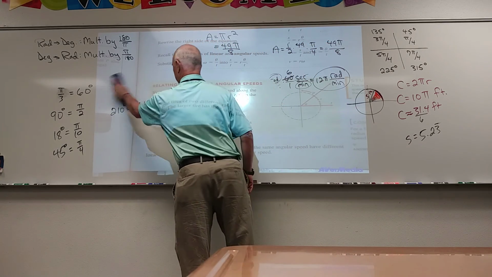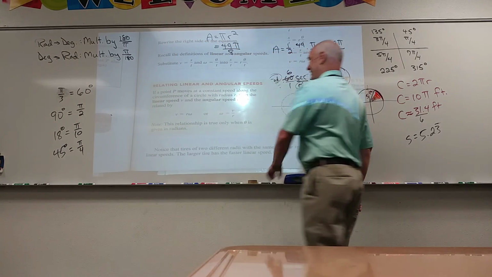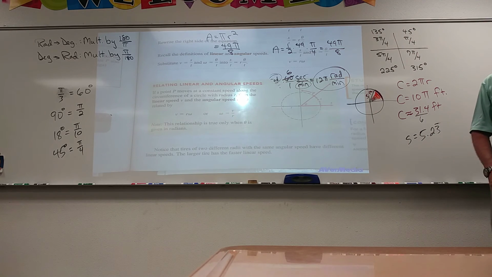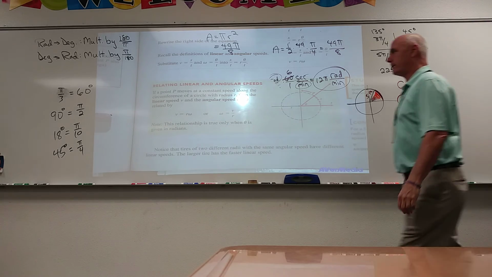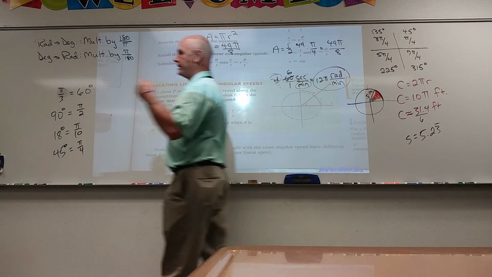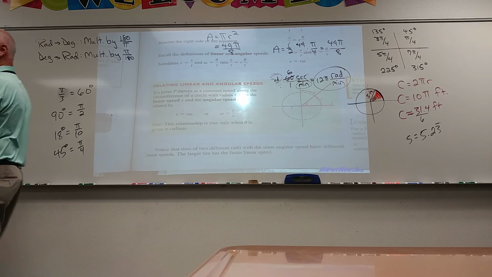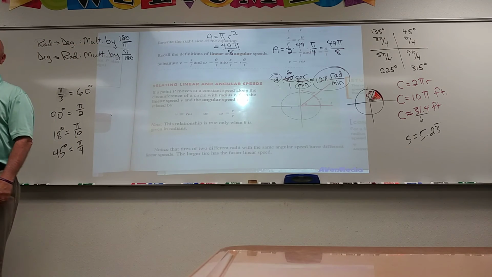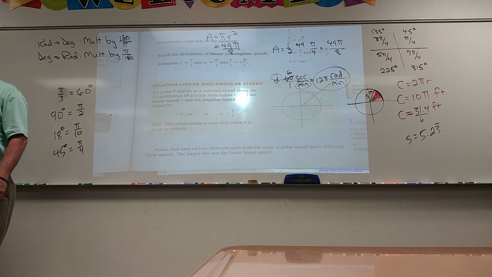Okay. This is the formula that you want to know. This is the formula that I wish I remembered more often. Because they're going to be talking about angular speeds and how do you get to linear speeds and stuff like that. And so what I typically do is I end up doing like 4 or 5 steps using this unit analysis thing, and I eventually get there. Boy, it's a pain.